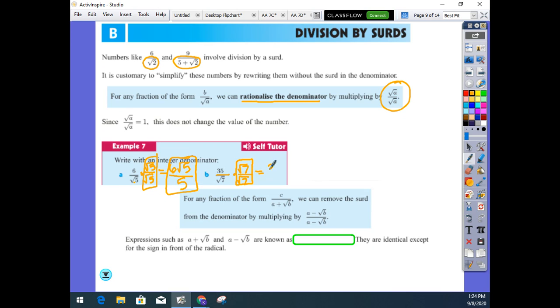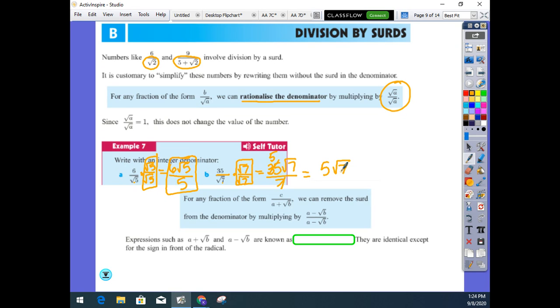Multiply the top across. 35 times the square root of 7 is on the top, all over the square root of 7 times the square root of 7, which is just 7. Now we can simplify because 7 can go into 35 5 times. And my final answer is 5 square root of 7.